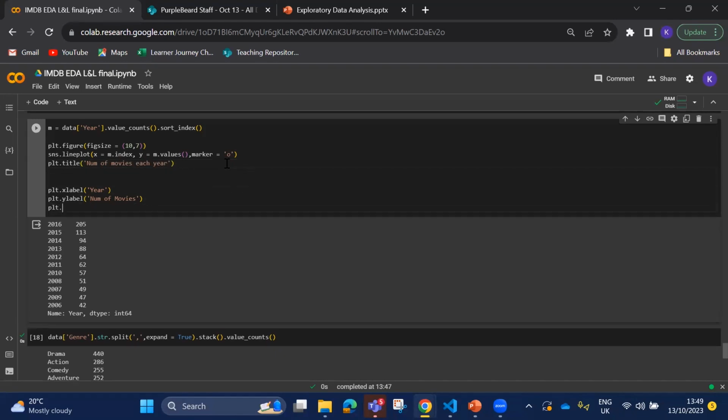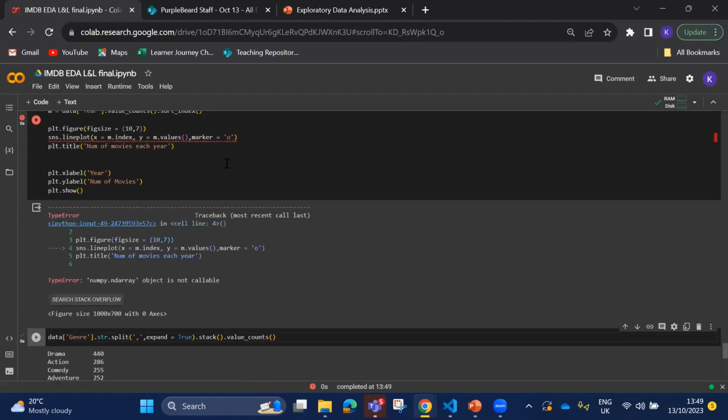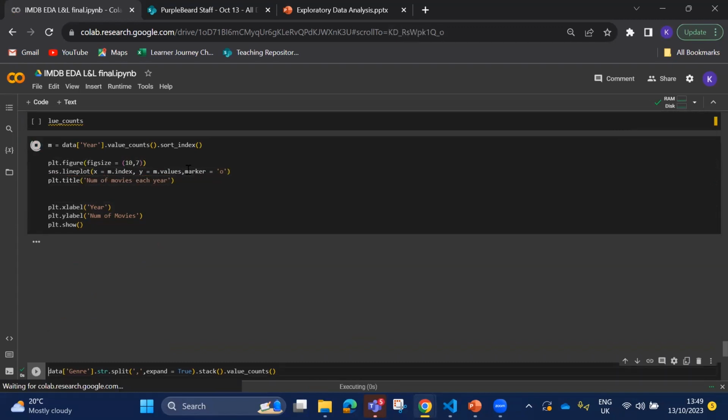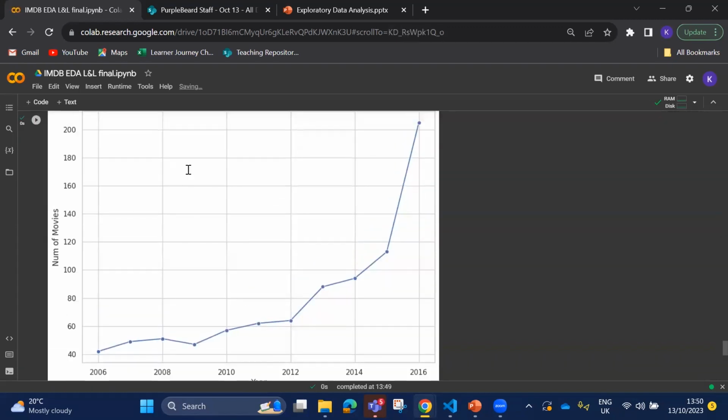Then I can do plt.show. Okay, so from a visual perspective, you can see the number of movies drastically increased after 2015.